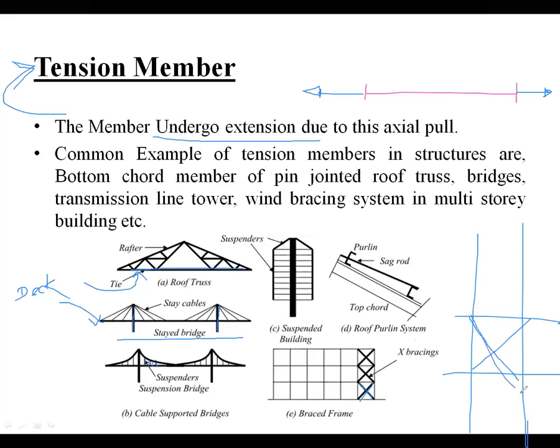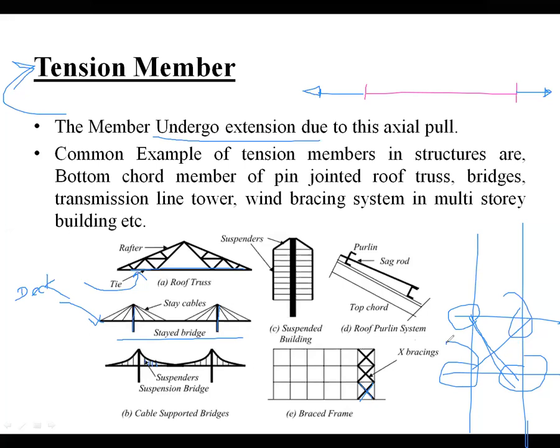These bracings hold these two joints, so the joints are supported by each other, and the bracing that supports them is known as wind bracing.